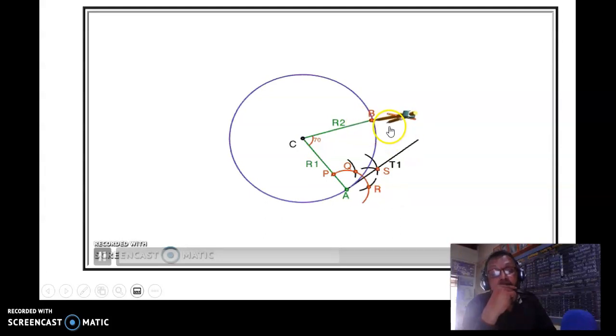Similarly, draw the tangent at B. Draw a semicircle of suitable radius. Don't change the radius.